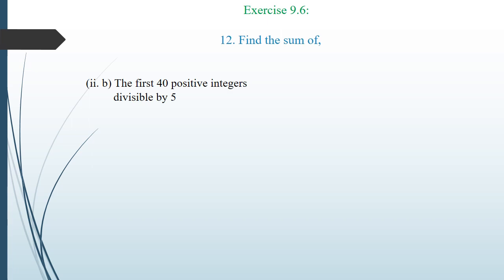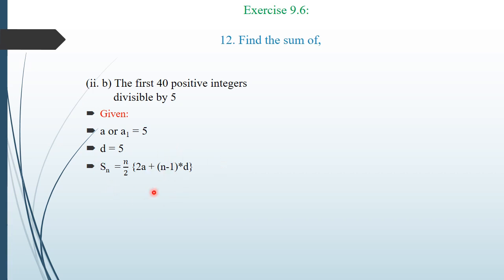Coming to the next sub question, let us find the sum of first 40 positive integers that are divisible by 5. Now you can guess that our first term is also going to be equal to 5 and common difference will also be 5.